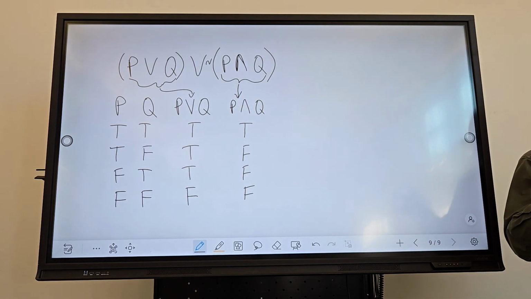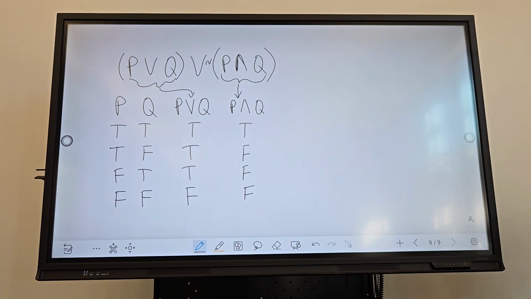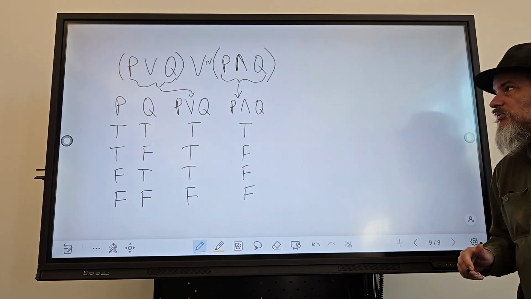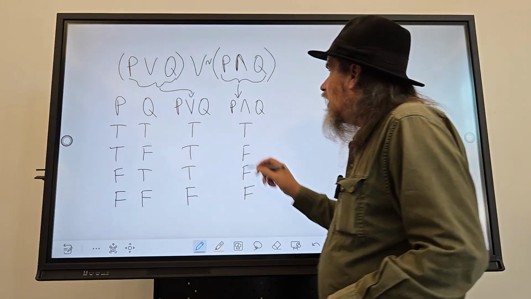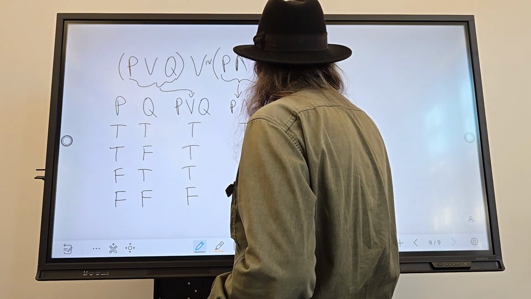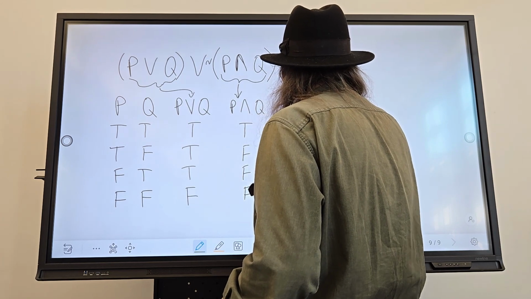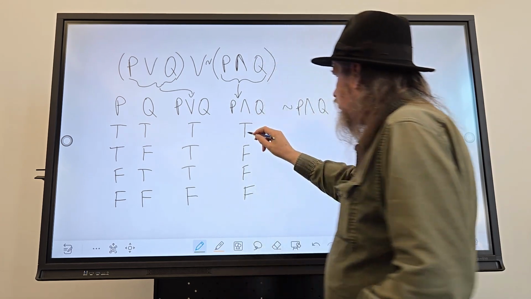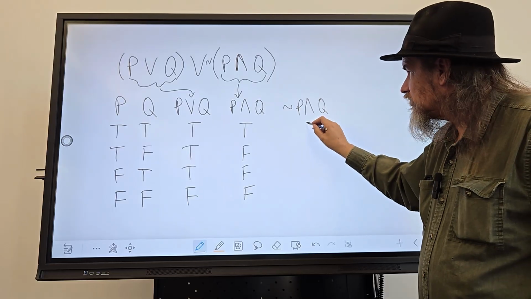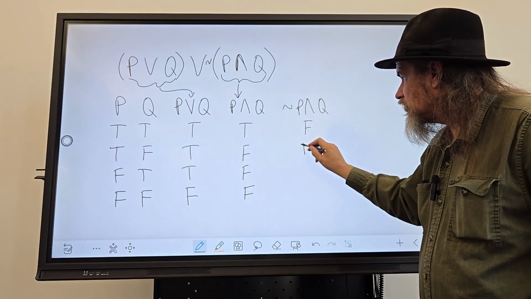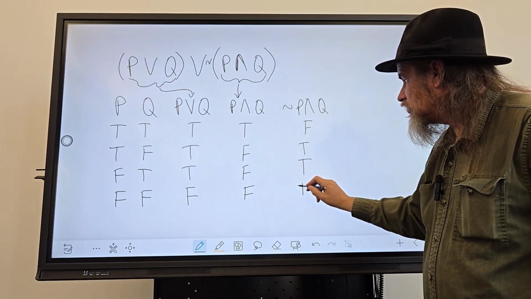Break it down. Look at the parentheses, do the truth values for inside the parentheses, and then move right along. And then you have the not P and Q, which is just the inverse of this one. So it'd be false, true, true, true.